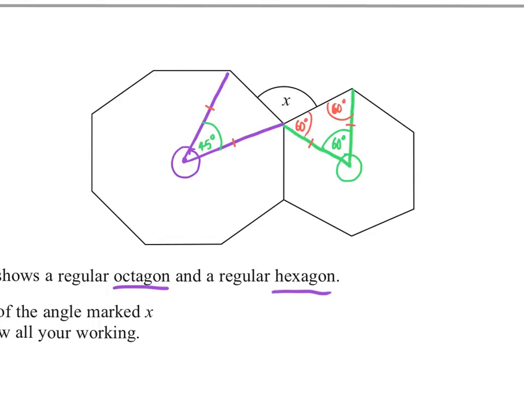And in this one, as I've got 45 used up already, then the other two are going to be worth 135 between them, because these angles here plus 45 must make 180. So they're going to be 67.5 each, and you can use your calculator to help you work that out if you need it. So let's put those in here. So we'll have 67.5 for each of them.